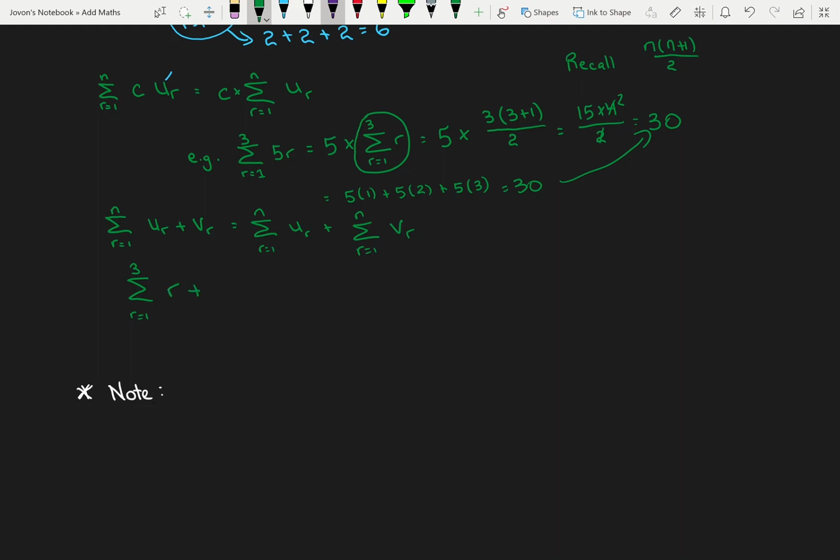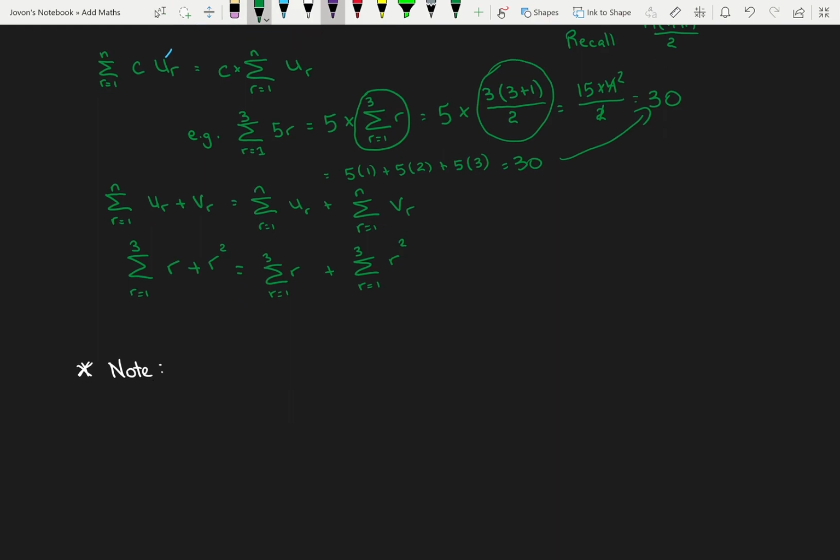Okay, so if we have the sum from r equals 1 to 3 of r plus r squared, what this says is that this is equal to the sum from r equals 1 to 3 of r plus the sum from r equals 1 to 3 of r squared. So if you recall from above, we know this is equal to 3 into 3 plus 1 all over 2 plus the sum for r squared.